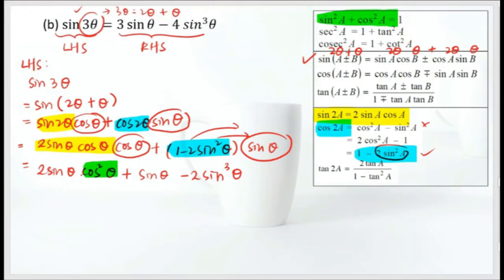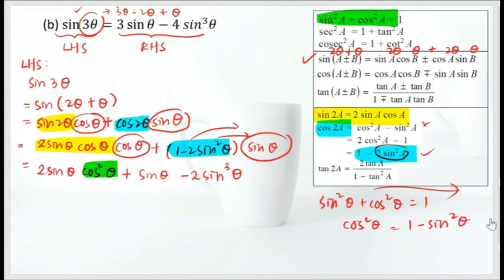Why? Because we want to change all the trigonometry into sine theta. So we choose the third one, sine square theta plus cos square theta equal to 1. So what is your cos square theta? Equal to 1, with sine square theta moved to the right hand side, becoming 1 minus sine square theta.